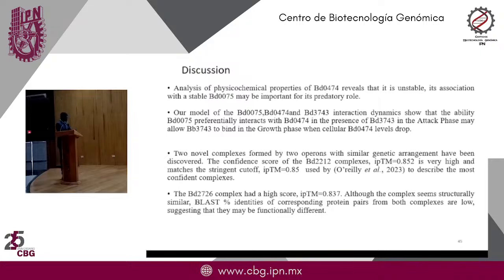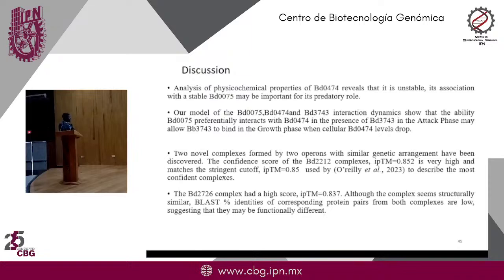We have also identified two novel complexes formed by two operons with similar genetic arrangement, discovered with a confidence interaction IPTM of 0.852, which is very high and matches the stringent cutoff of IPTM 0.585 used by O'Reilly to describe the most confident complexes.